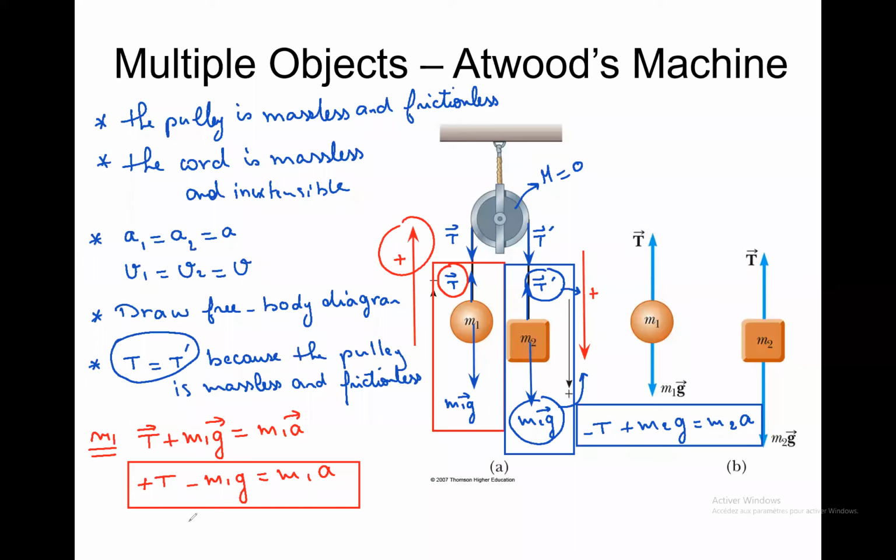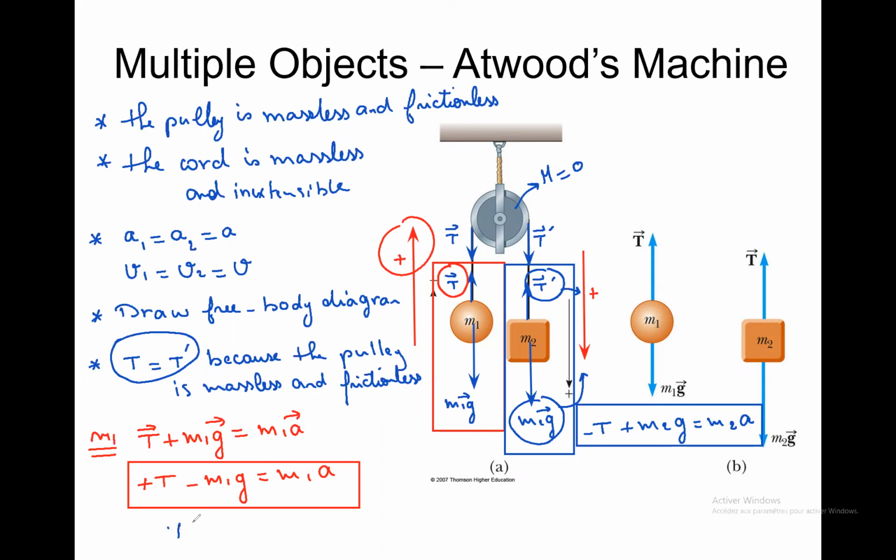We can calculate a. Here we have two equations with two unknowns. We have the values of M1 and M2. So these two equations with two unknowns, T and a.